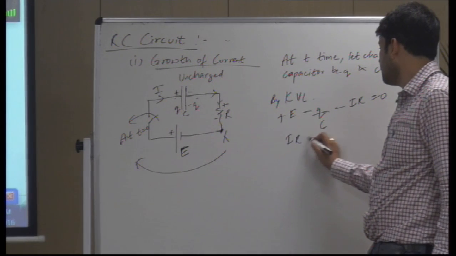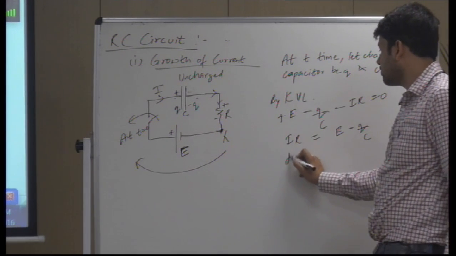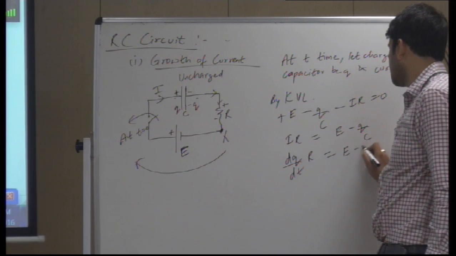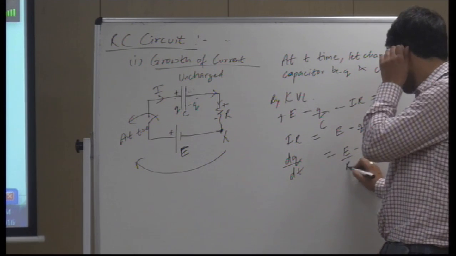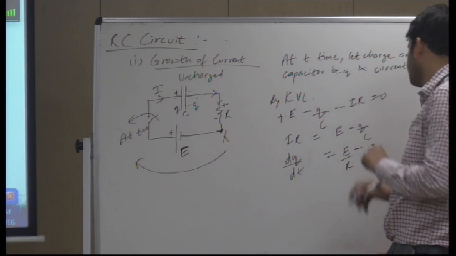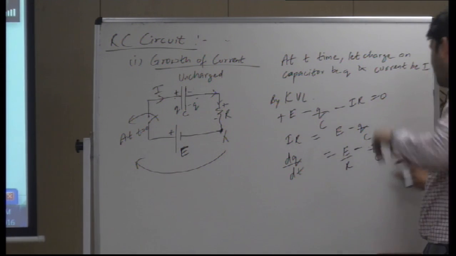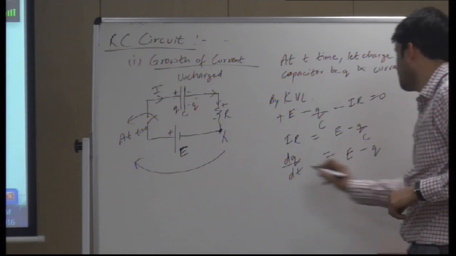Now IR is equal to E minus Q by C. I is dQ by dt, into R. Even R I am trying to bring down: E by R minus Q by C. Now, in fact, don't do this. Do this: E minus Q by C, this is RC.